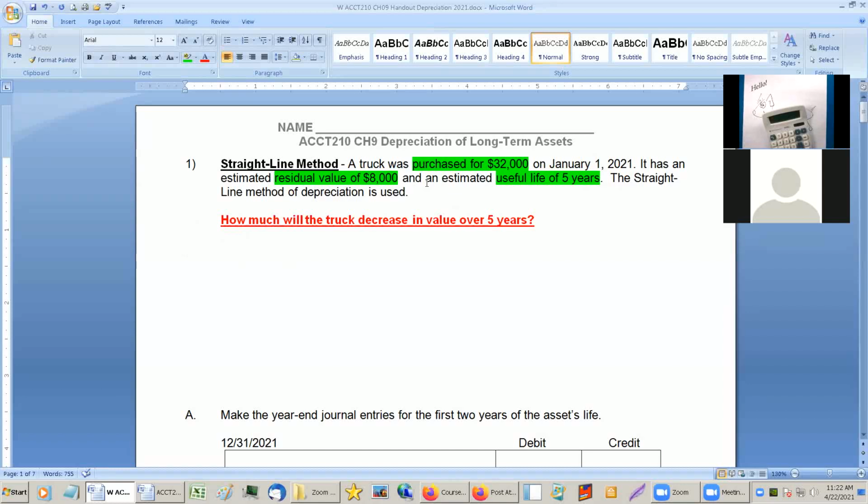Actually, you went one step further. Yes, 4,800 a year, but in total, it's going to decrease by 24,000. Yep, perfect.